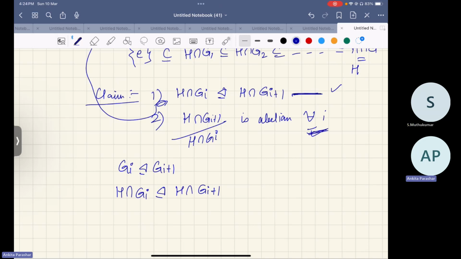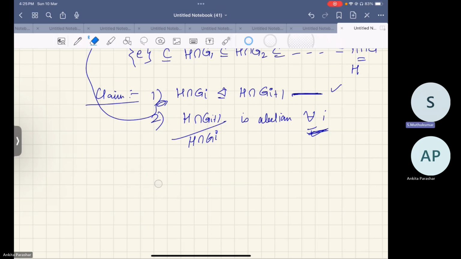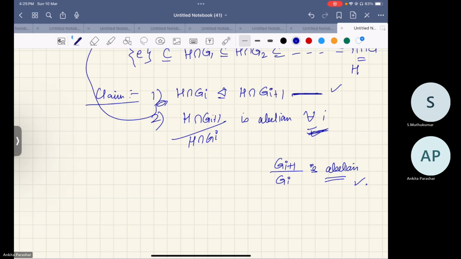This proof is about abelianness. So we'll have to make use of G_{i+1} by G_i being abelian. This is given to you, and of course it has to be used somewhere. Now we have to find some isomorphic copy of H intersection G_{i+1} mod H intersection G_i.